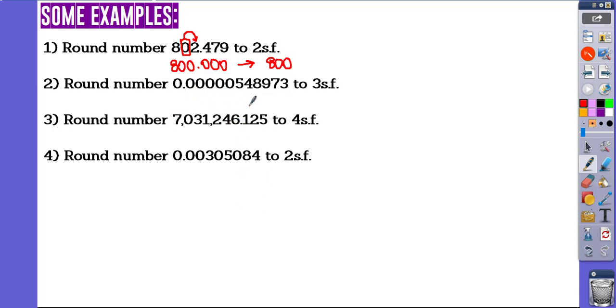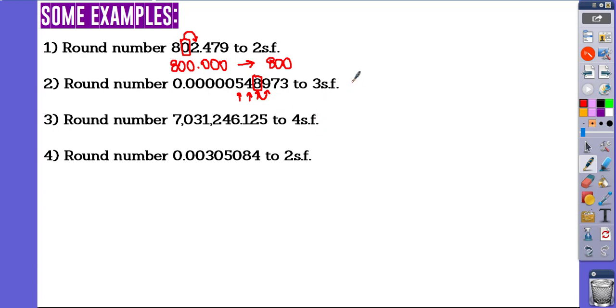Let's see the second example. We have many zeros to the left, so the first significant figure will be number 5, the second one will be number 4, and the third one will be number 8. So our target would be number 8 because we need to round to 3 significant figures. Then we'll look at the number to the right, and the number to the right is a 9, so we have to round up.